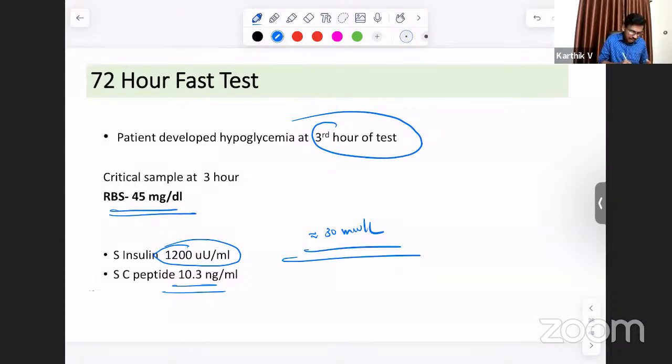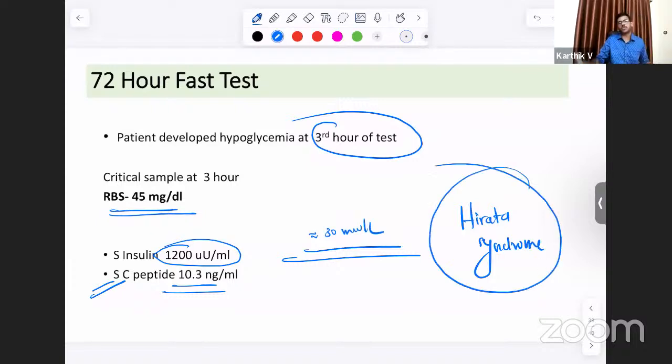But here there are very high levels of insulin with a detectable C-peptide. So here you should think of the possibility of a condition called Hirata syndrome. Okay, Hirata syndrome, or insulin autoimmune syndrome, or insulin autoantibody syndrome.